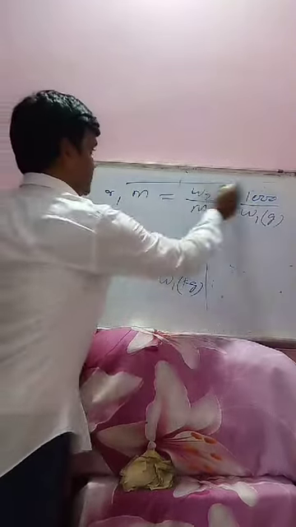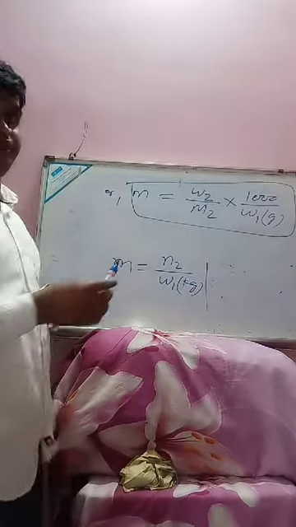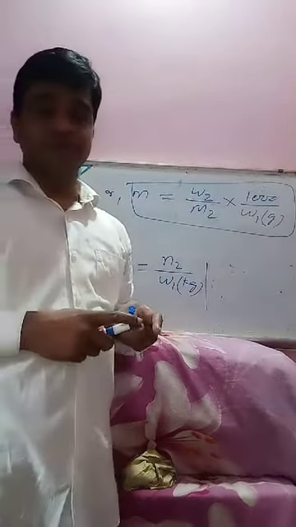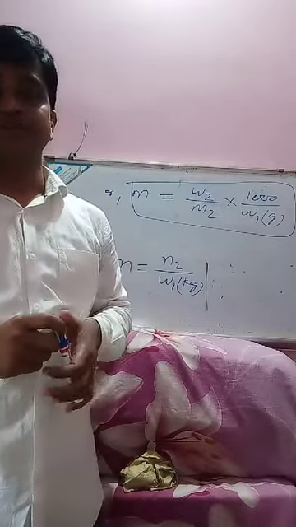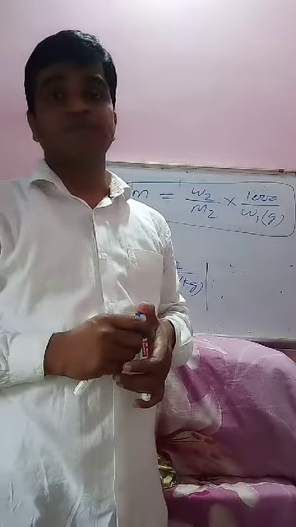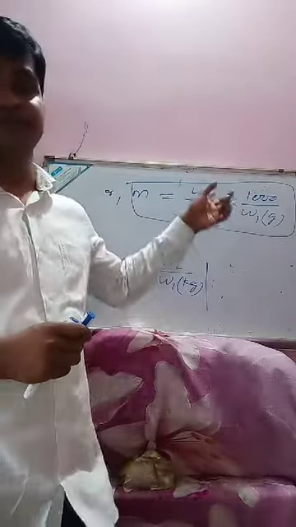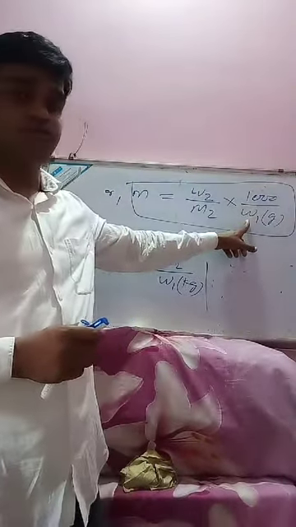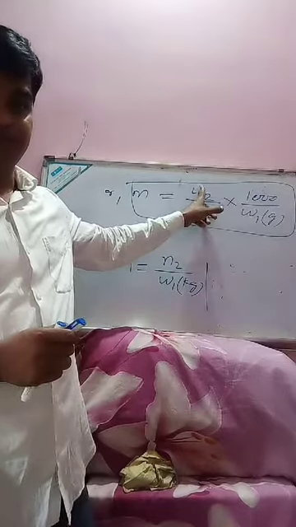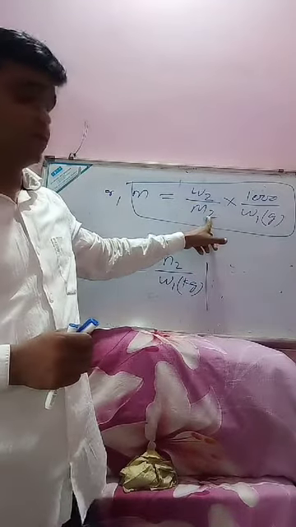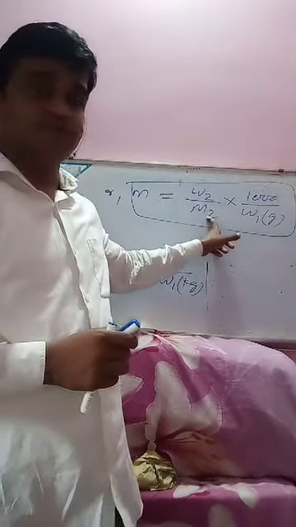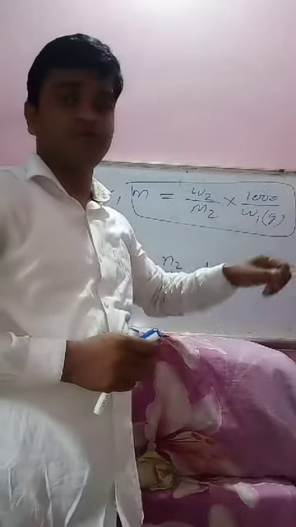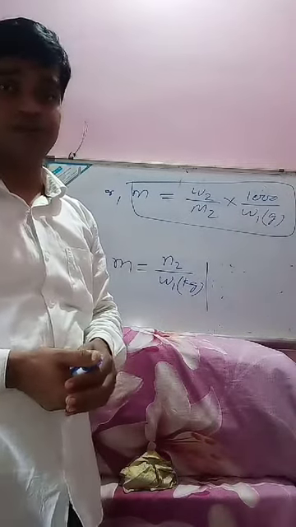So this is the mathematical expression for molality. What is W2? Mass of a solute. What is M2? Molecular mass of a solute. What is W1? Mass of the solvent.